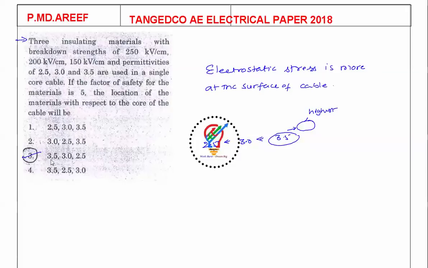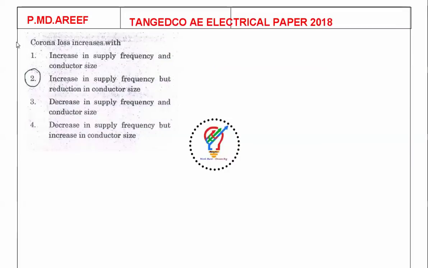So the answer is 3.5, 3.0, 2.5 is the right. Next question from the power systems: the corona losses increase with.